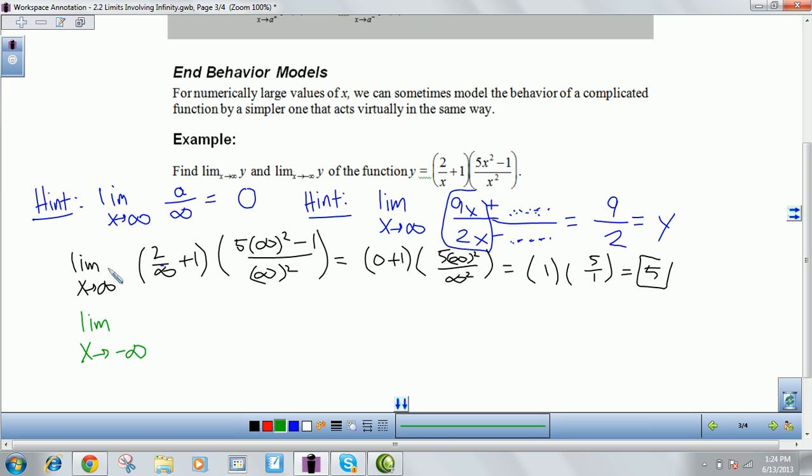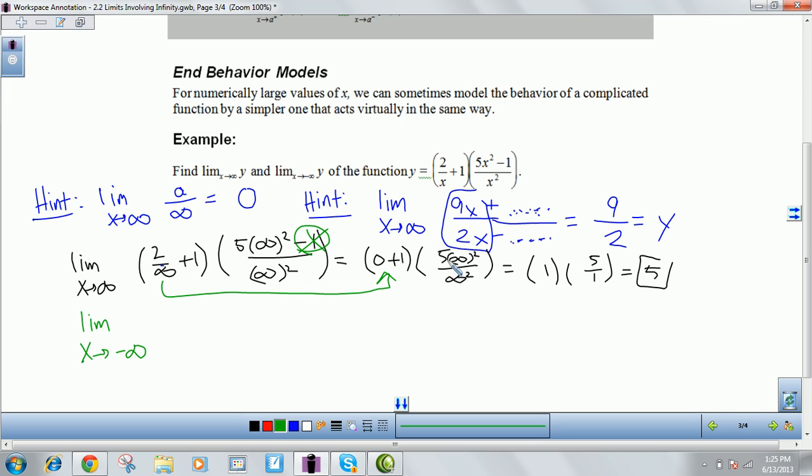Okay, here I have in black, when you plug positive infinity in, you'd have 2 over infinity, which is equivalent to 0, plus 1. And then 5 times infinity squared minus 1 infinity over infinity squared. But here, remember, the rest of this, the minus 1, doesn't matter what that is.